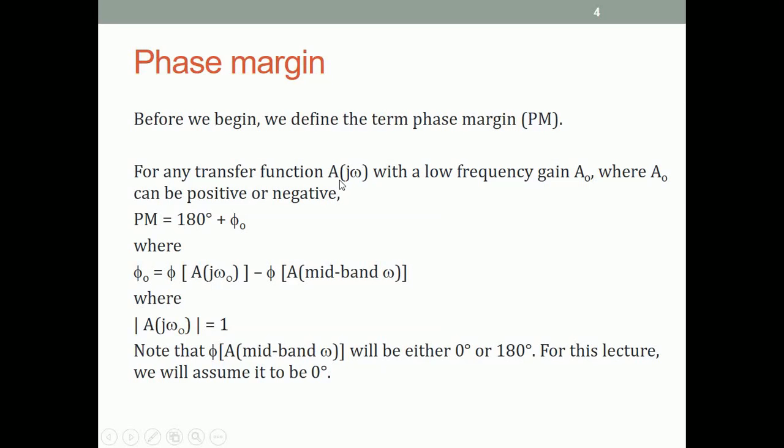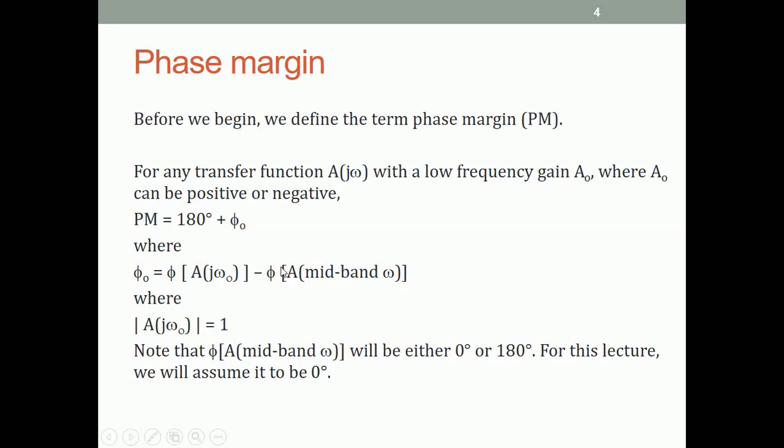The phase margin of a gain A is defined as 180 degrees plus phi 0, where phi 0 is defined as the phase of the gain A at some frequency omega 0 minus the phase of A at low frequencies. Alright, mid-band is a more general term. For us it will be low frequencies where A is basically independent of omega. It will be a flat line in the Bode plot.